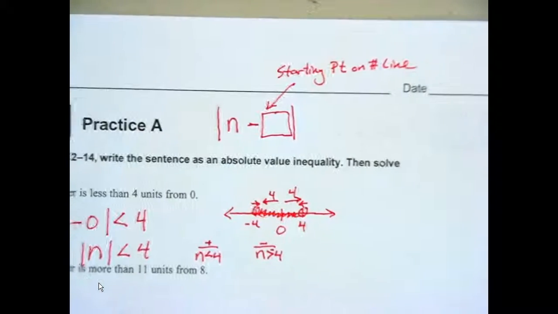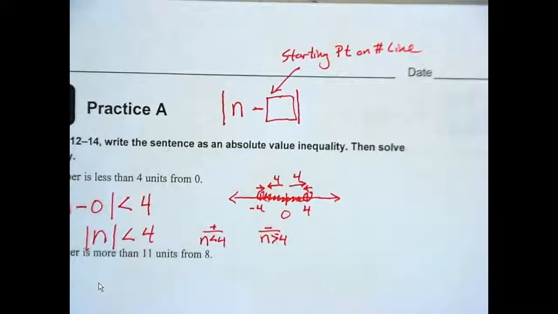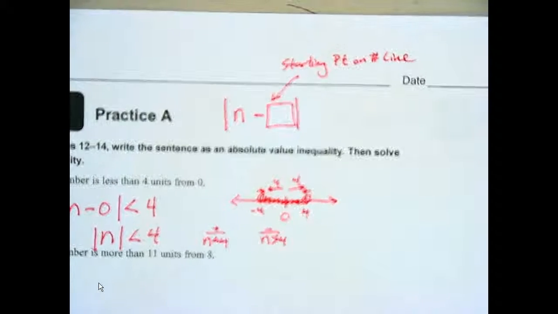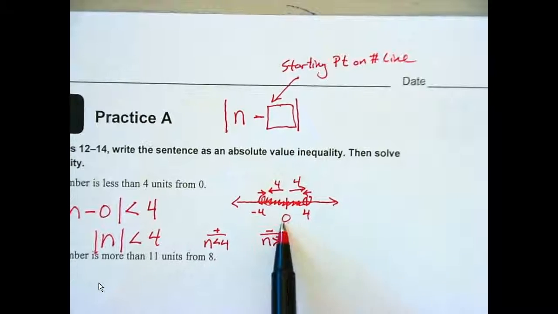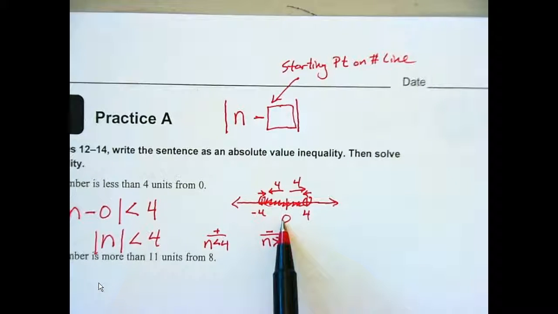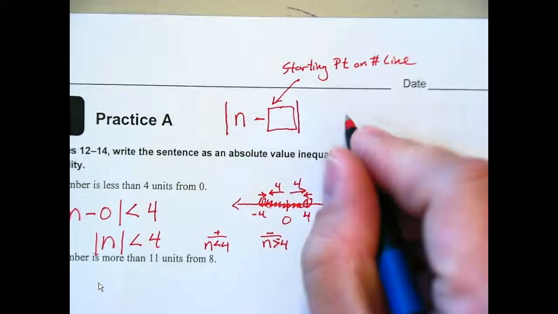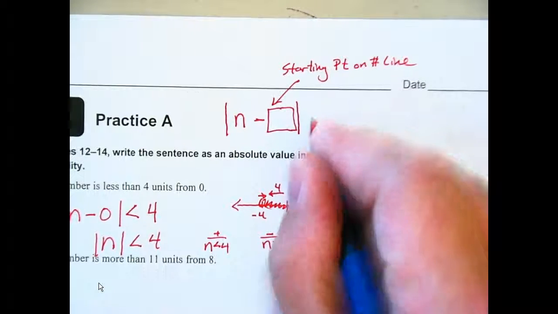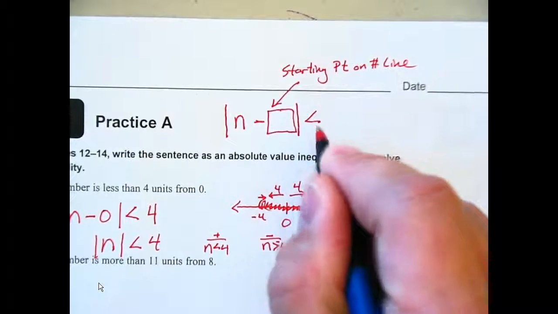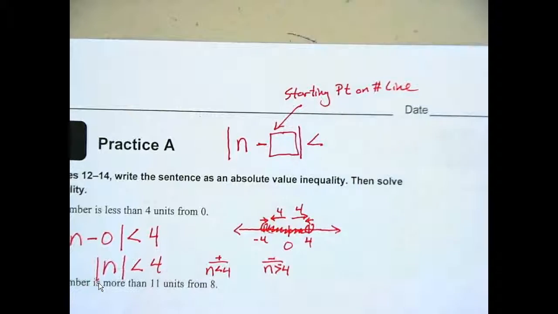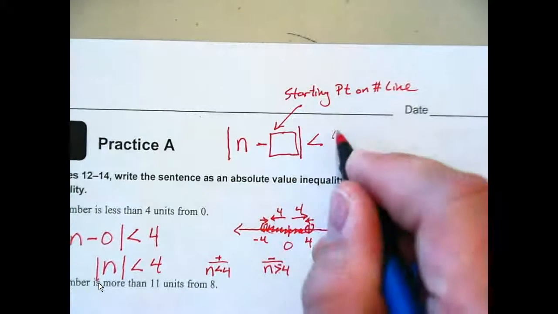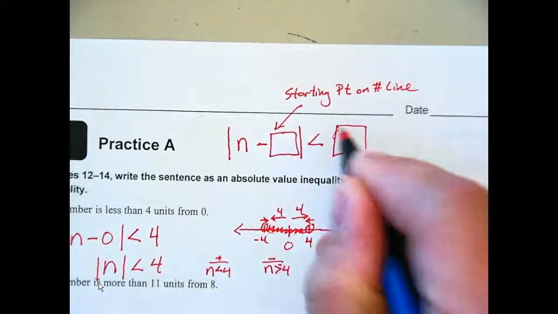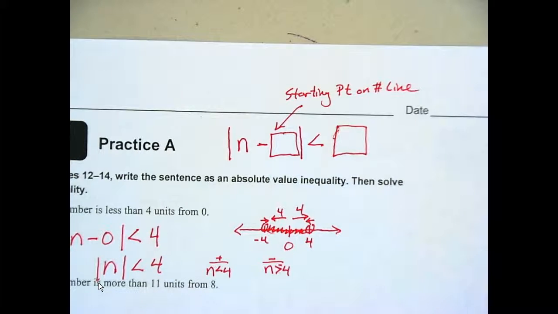So in this problem, our starting point was 0. What goes on this side, and I'm just going to use our less than sign, but it could be greater than, is how far you're moving from that starting point.